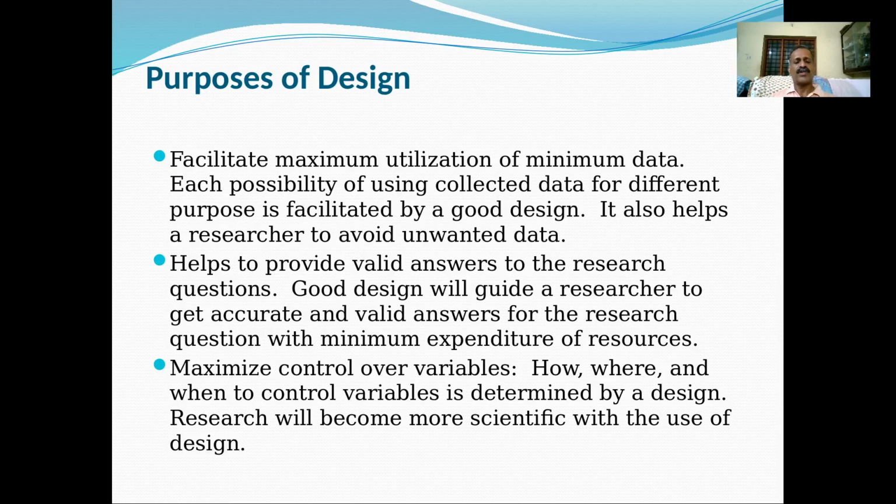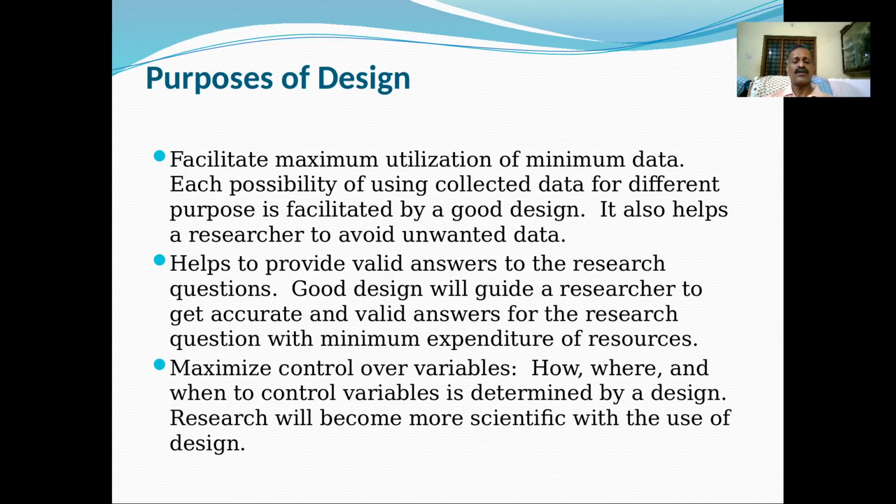And the third purpose is to maximize control over variables. A researcher needs control over variables. Otherwise, the quality of the research study will be less. That is why in a good research study, like an experimental study, the researcher has 100% control over variables.